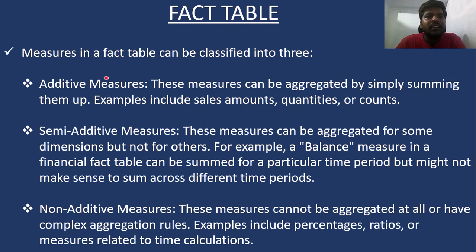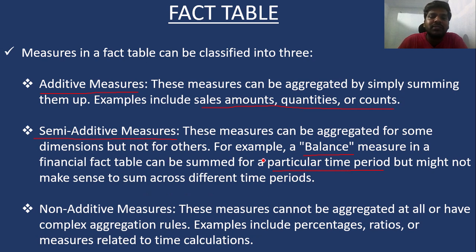Measures in a fact table can be classified into three types. First one is additive measures. Additive measures are those which could be aggregated by simply summing them up, like sales amounts, quantities, or counts. Semi-additive measures can be aggregated for some dimensions, but not for others. For example, a balance measure in a financial fact table can be summed for a particular time period, but it does not make sense to sum across different time periods.